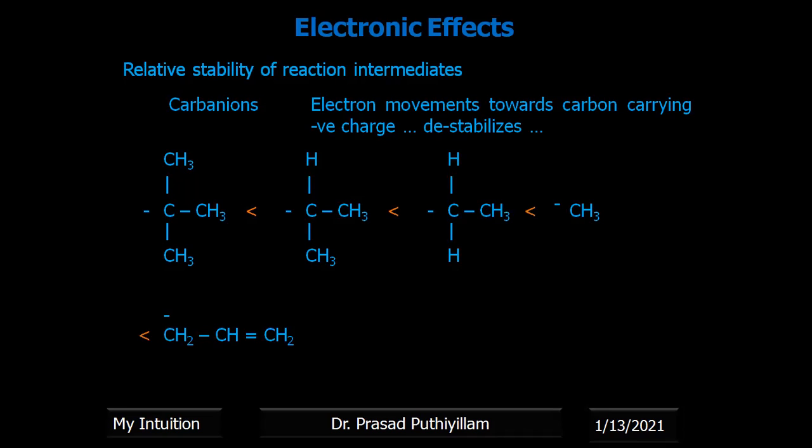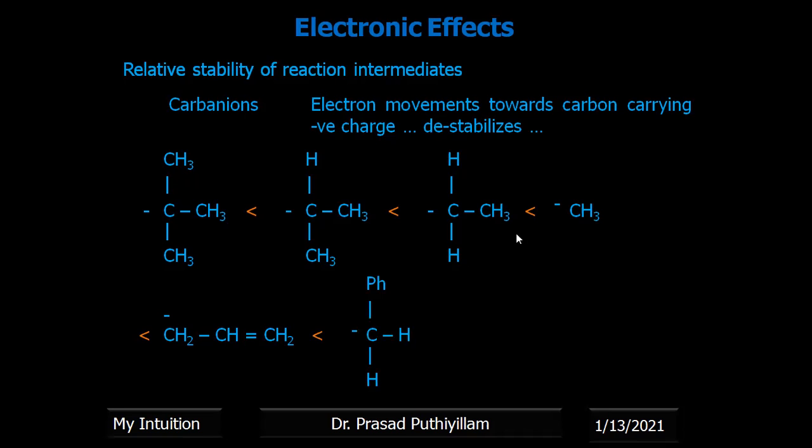Then comes the conjugated structures. Here the negative charge can form a double bond, so the double bond will break towards the carbon, which will get the negative charge. This is resonance stabilization. Therefore, resonance stabilization is given more importance than hyperconjugation.